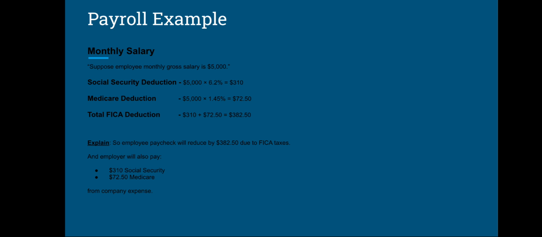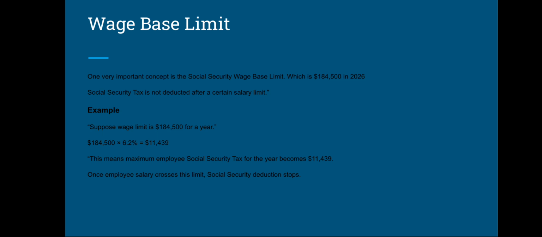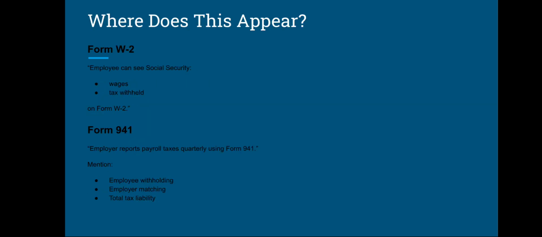But this 184,500 limit will not apply there. Why? Because the first month falls into the 2026 calendar year, January to December. So the amount considered as gross salary in January 2027 will be part of the 2027 payroll. I hope this is clear to you.